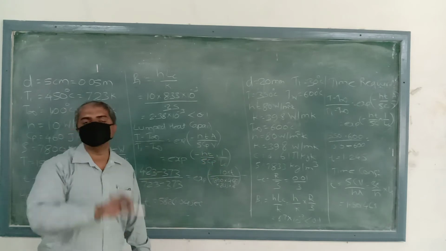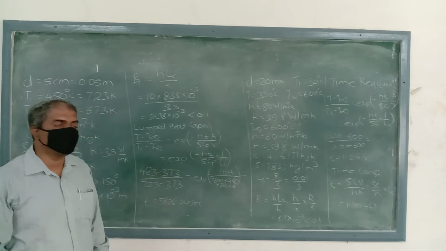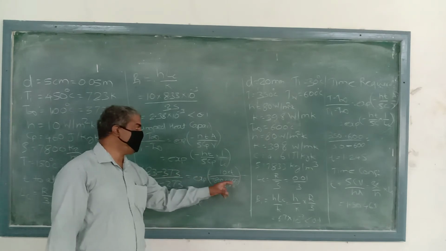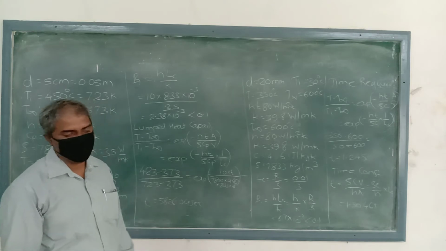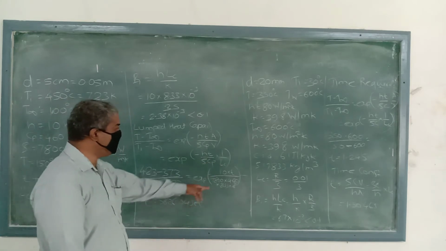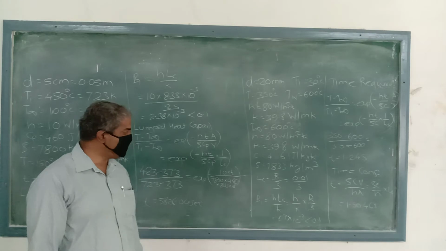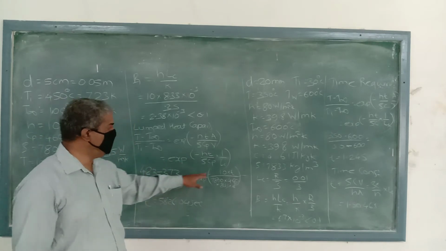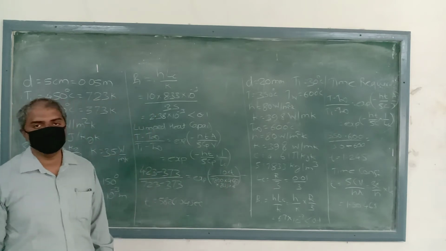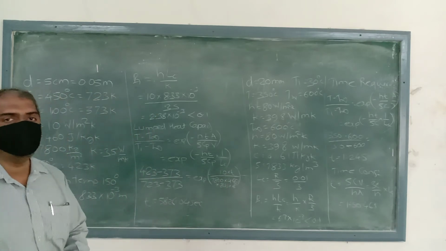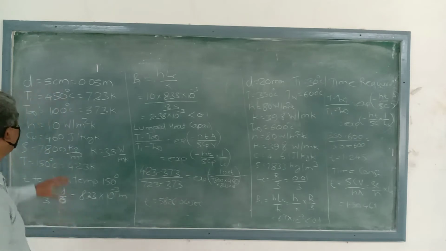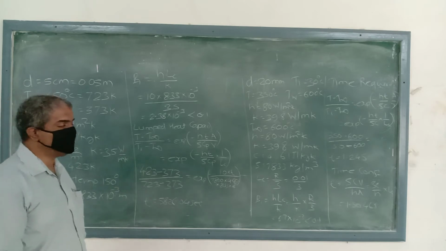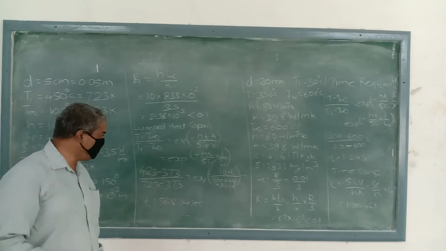This t is what we have to find, the time required. The rho value they have given is 7800, the Cp value is 460. Now Lc we have calculated as 8.33 into 10 raised to minus 3, and if you observe, the only unknown is t, that is the time required for the ball to reach 150 degrees Celsius. So from 450 degrees Celsius to 150 degrees Celsius, how much time is required, that we have to find.